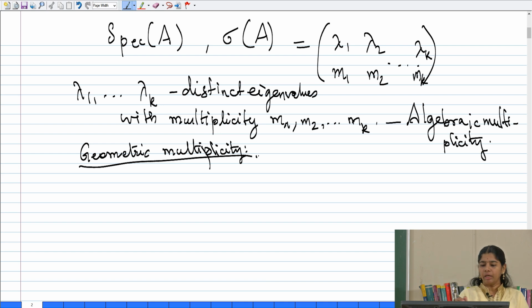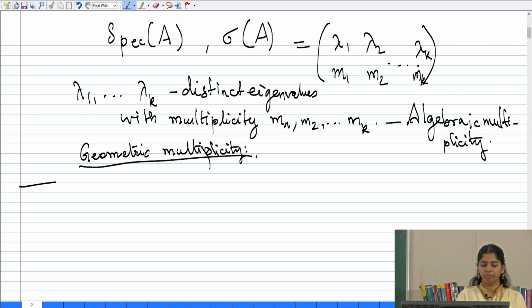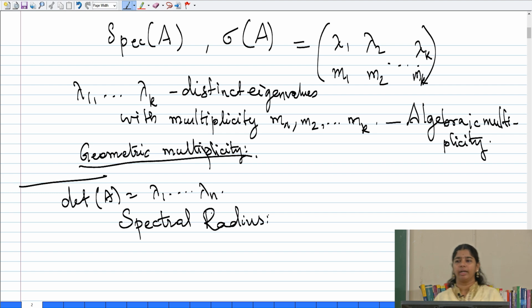Okay. In this direction we also saw something yesterday about the trace. I started saying the trace is equal to the sum of the eigenvalues, and we also saw that the determinant of the matrix is equal to the product of the eigenvalues, right. One more thing we will be concentrating on is the spectral radius.